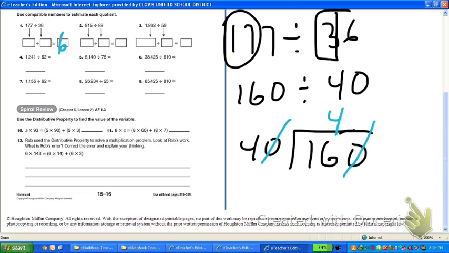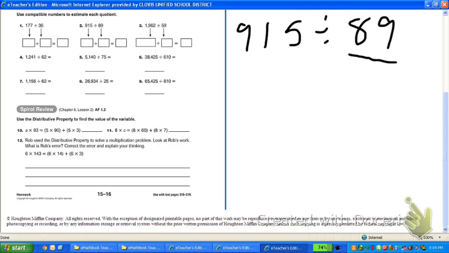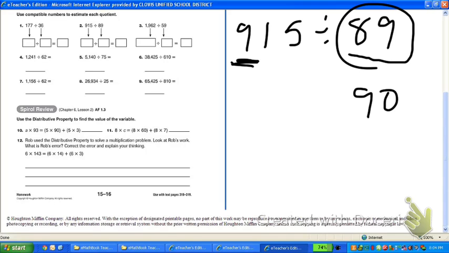Let's go ahead and try another one. Number 2, we got 915 divided by 89. So I'm looking at this number, looking at that, and I know I can estimate 89 as 90.